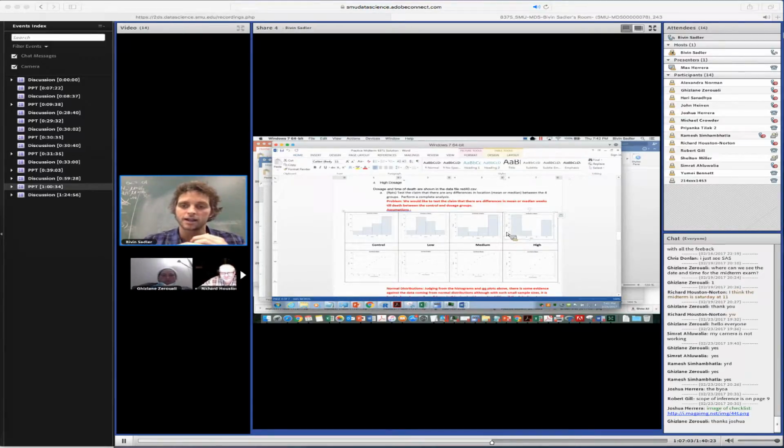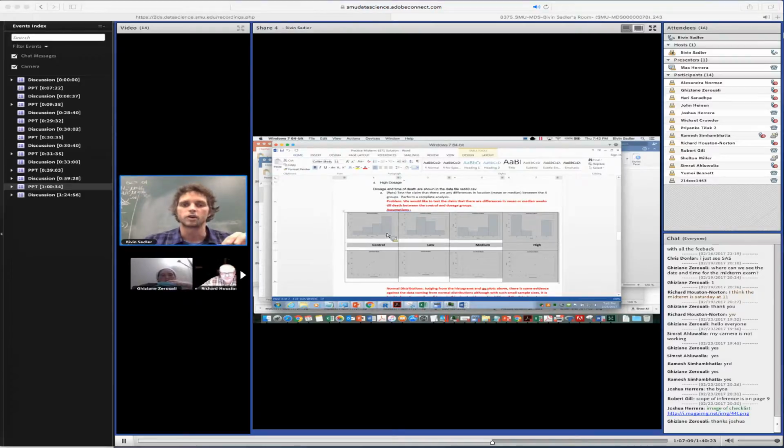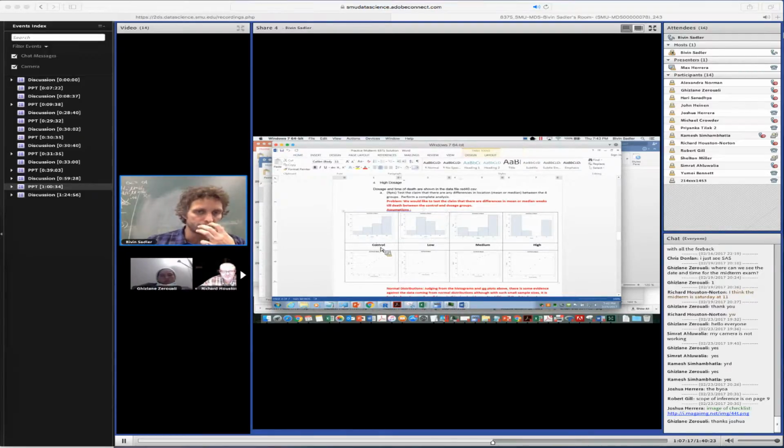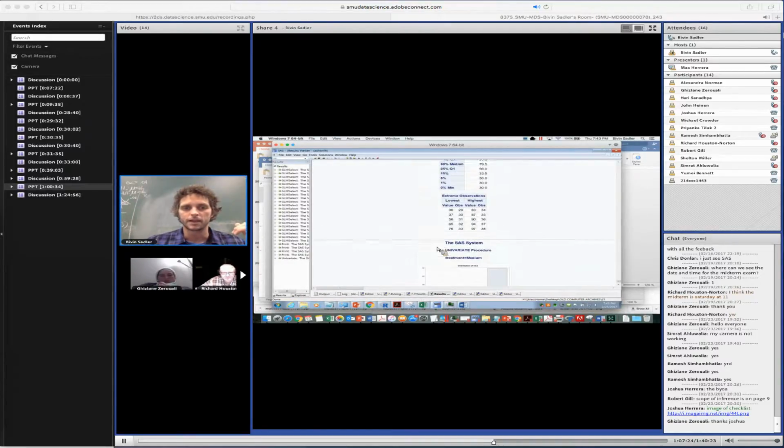So all I did was put this in a table, however you want to do it. It looks like a 3x4 table, and I put those in there. I put the QQ plots, and I put the histograms, and I dropped the labels in there. If I go back to SAS, that's where I got them from.